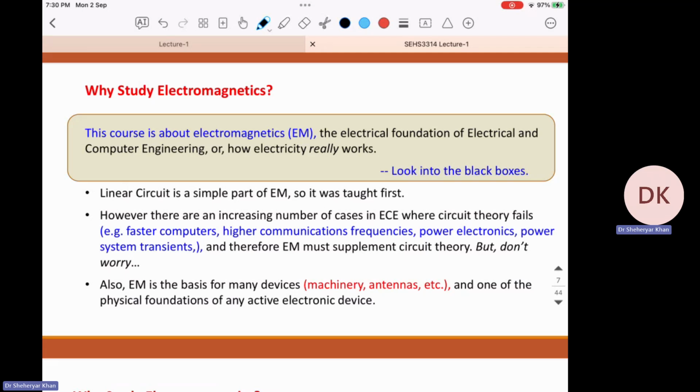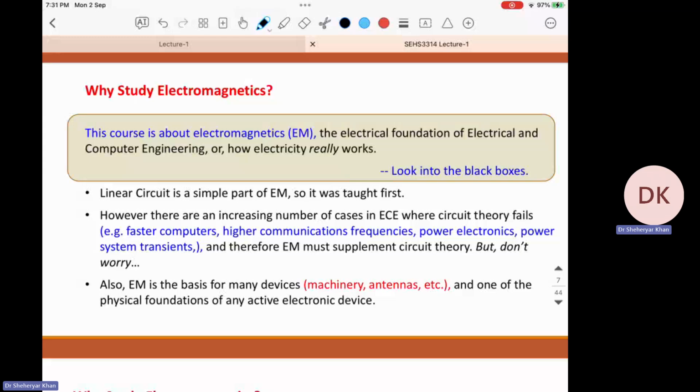Sometimes we have models of different sources, and we do not discuss what type of source it is. We simply have connections between several elements. We have resistors and we just connect them. And when we calculate the power dissipation, we just assume everything is perfect, right? The source does not change with time. The conductors behave ideally, there's no drop in the conductors. The connections are perfect. The devices do not change with other conditions.